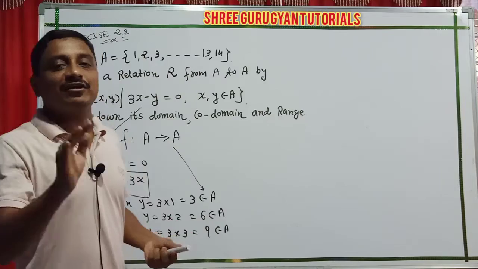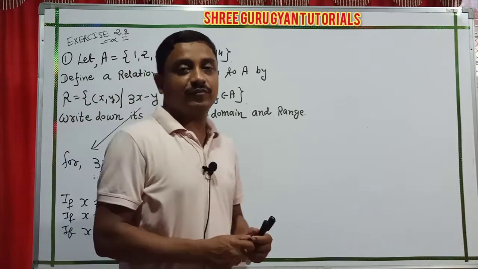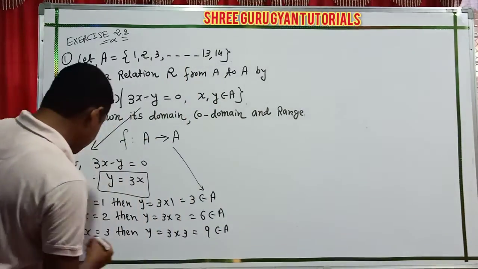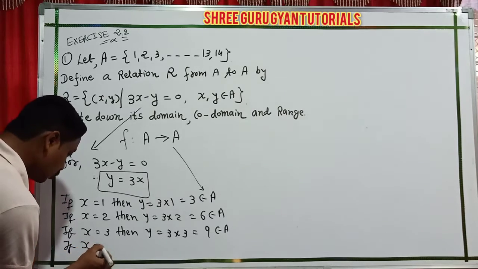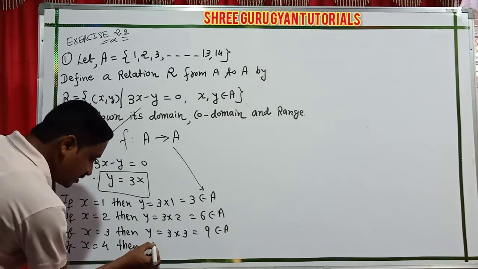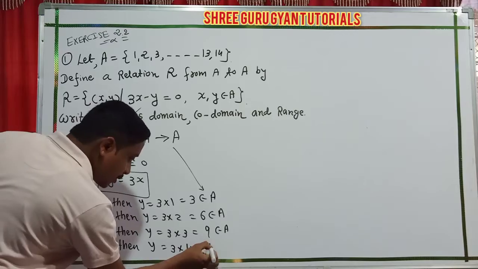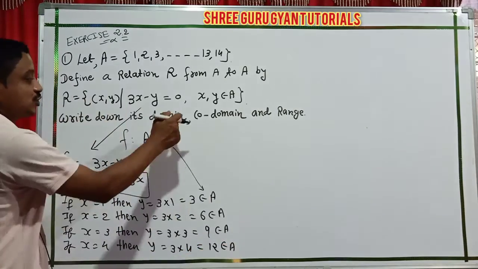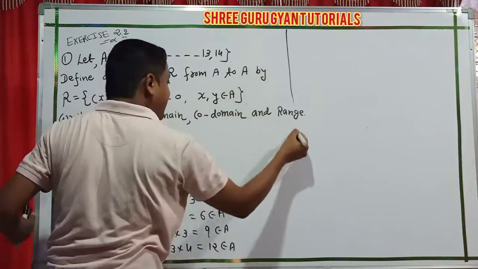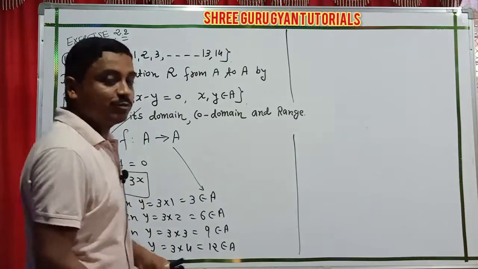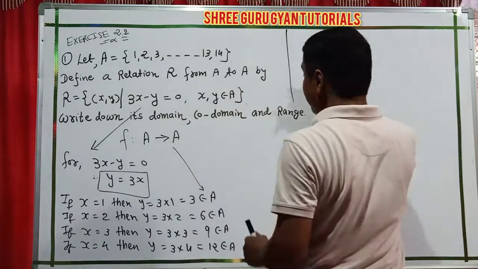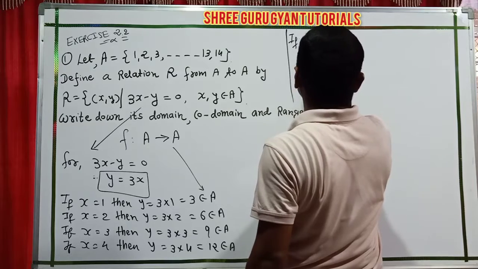After that, one more. Now students, if x is equal to 4, then what is y? 3 into 4 is 12. Check that it belongs to codomain A. Yes. Now I put x equal to 5.